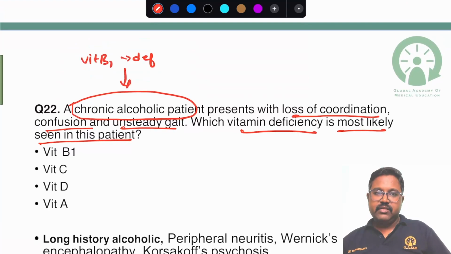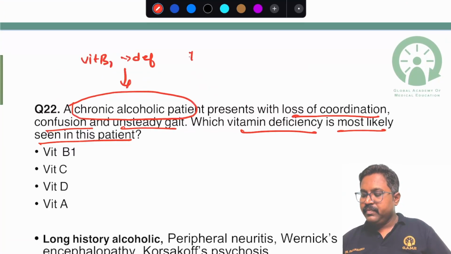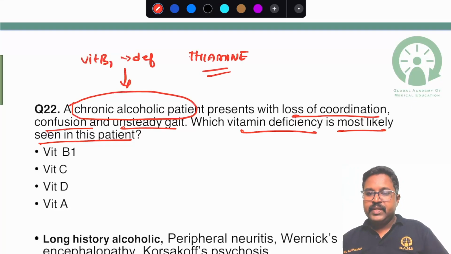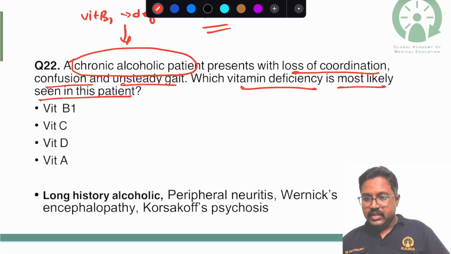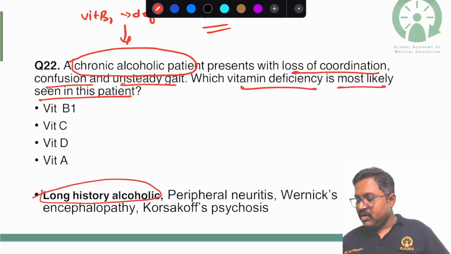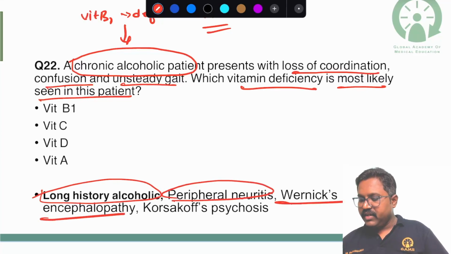B1 deficiency in alcoholics. The other name for vitamin B1 is thiamine, so you need to go with thiamine supplementation. Usually there will be a case regarding a long history of alcohol, or they can give a history of peripheral neuritis, and this is the classical sign of Wernicke's encephalopathy.